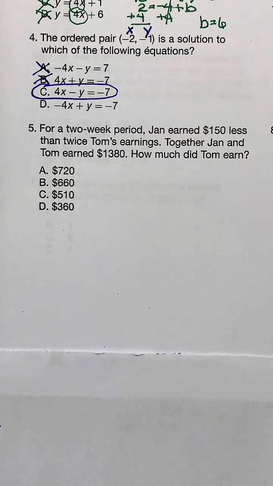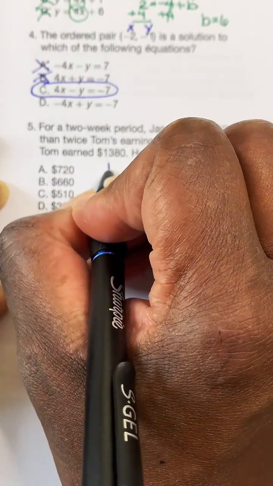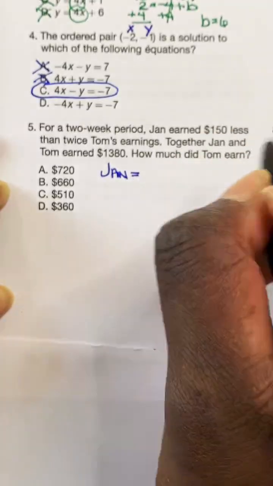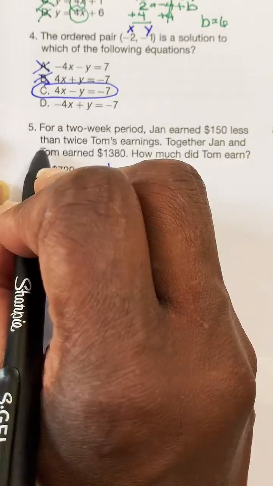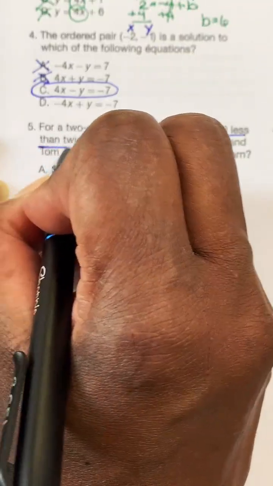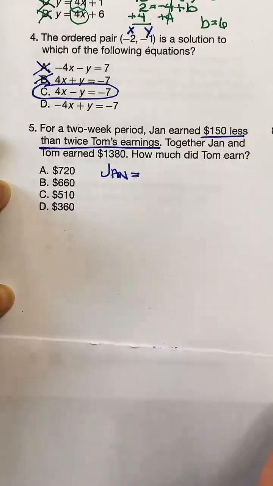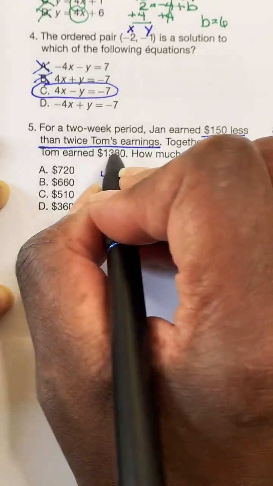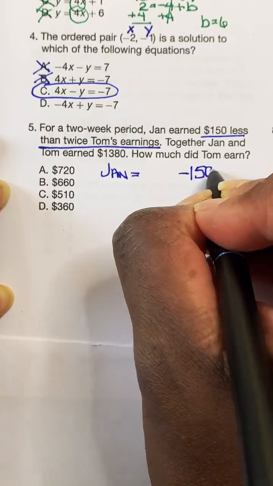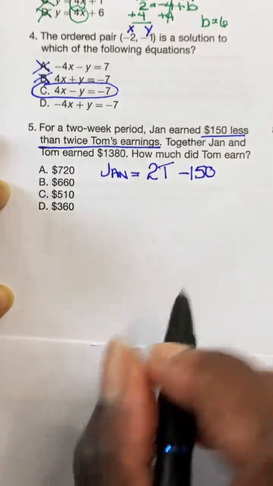All right, so let's take it step by step. First off, we got Jan. Jan earns $150 less than twice Tom's earnings. So I'm going to say T is going to represent Tom.